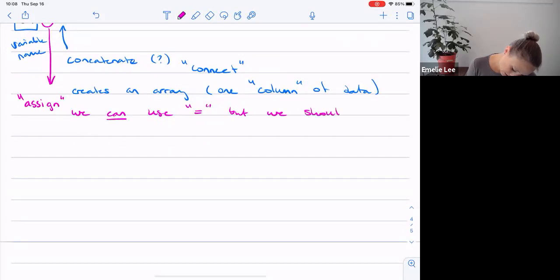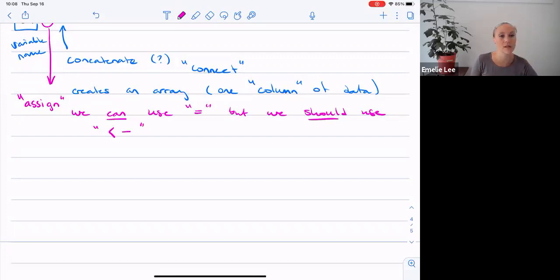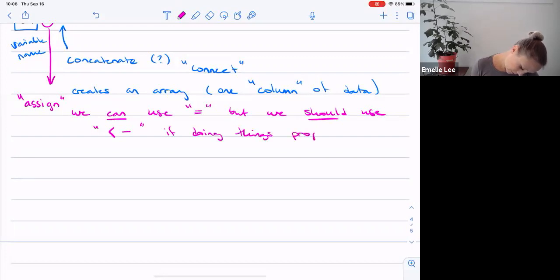We should use the less than dash. There's no space there, but I just want to show you that it's two things, if doing things properly. But confession time, sometimes I slip up and use an equal sign.